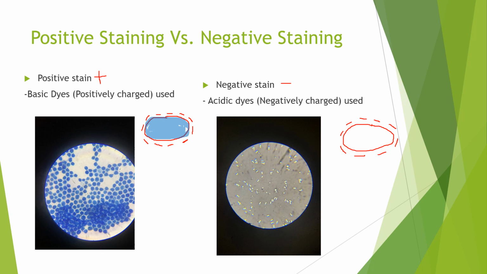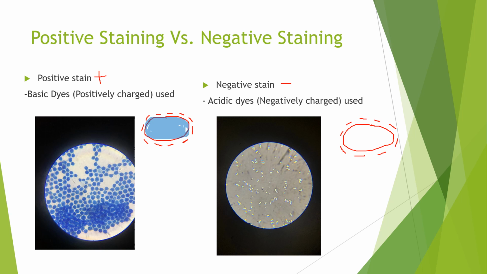Are they going to attract each other or repel each other? Well, they're going to repel each other. And so the bacteria is not going to accept the stain. Why not? Because it's repelling it, because the bacteria is negative.